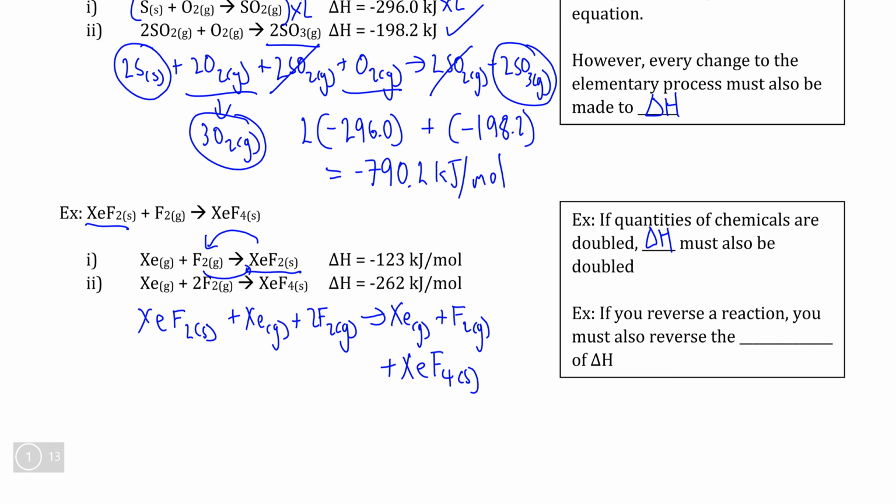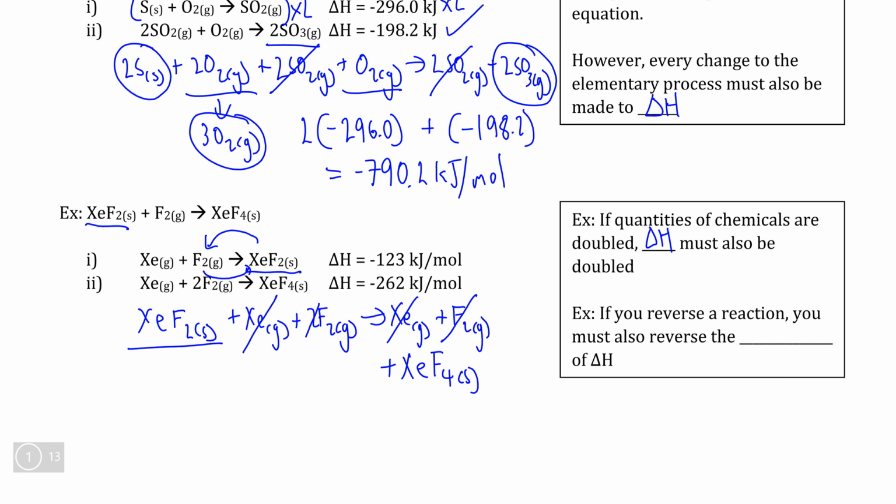We see here, let's cancel xenon because it appears on both sides of the reaction, and let's cancel 1 of the fluorine gas molecules here, and we see our overall xenon difluoride matches with our reactant, 1 fluorine gas, and xenon tetrafluoride. We see that flipping the first reaction allows us to get our overall.